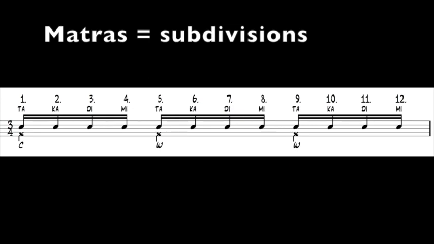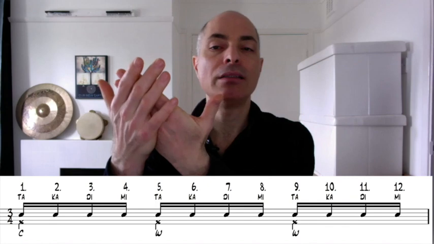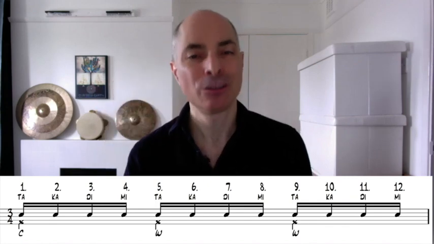So every beat will have 4 particles, 4 subdivisions, or you can also say in the Konnakkol language 4 matras. Therefore, if we just wanted to establish the beat cycle and the subdivision, we will come up with something like this. Takadimi, takadimi, takadimi. 3 takadimis will give us 12.